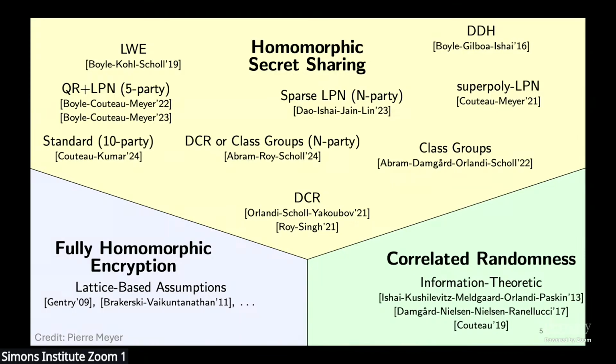Perhaps I'm a little bit biased here because this is something I've been working quite a bit on the last few years. And of course, the other areas also have a lot of other papers I haven't mentioned on here and are very important. But HSS, I think, offers kind of something unique in the different kinds of techniques it gives you, and opening up pathways to get sublinear secure computation under different assumptions.